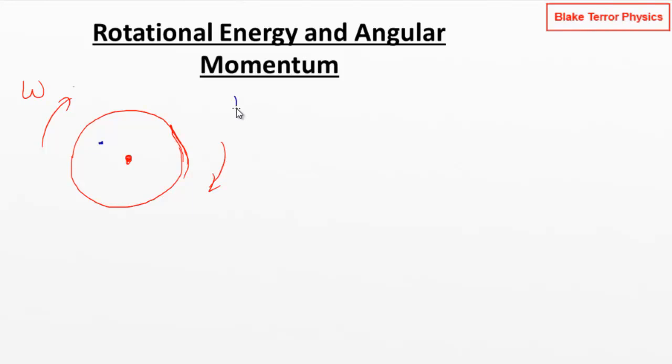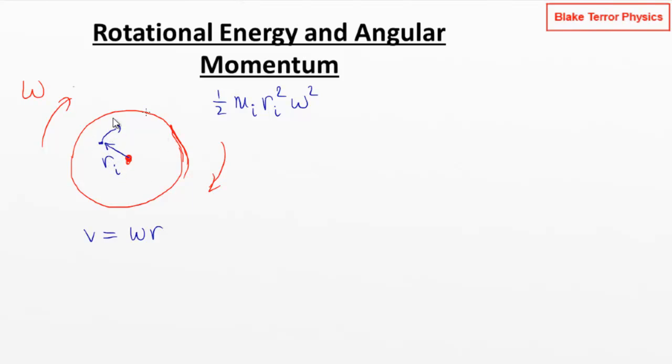Every little point has got some mass m_i, and it's moving around at a radius of r_i. So it's moving with a velocity v, and remember from our circular motion, v is omega r. So a half m v squared will be a half m_i r_i squared omega squared. That's going to be the kinetic energy of one little bit of this disk spinning around.